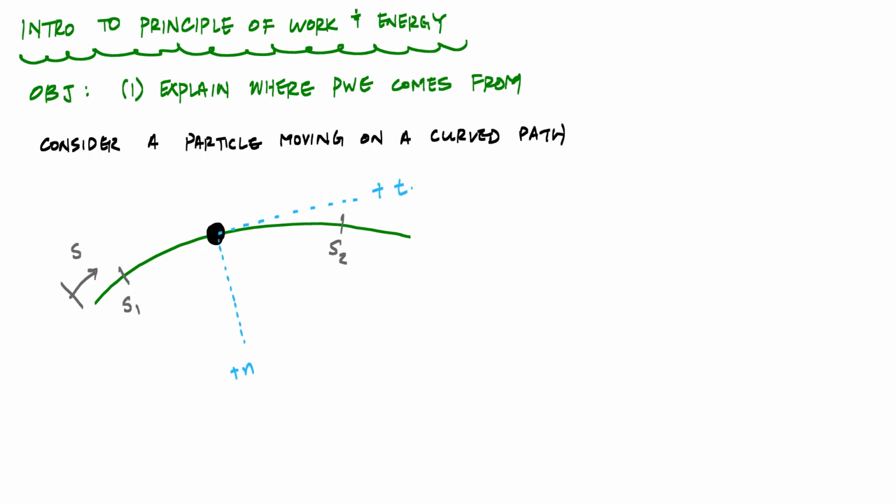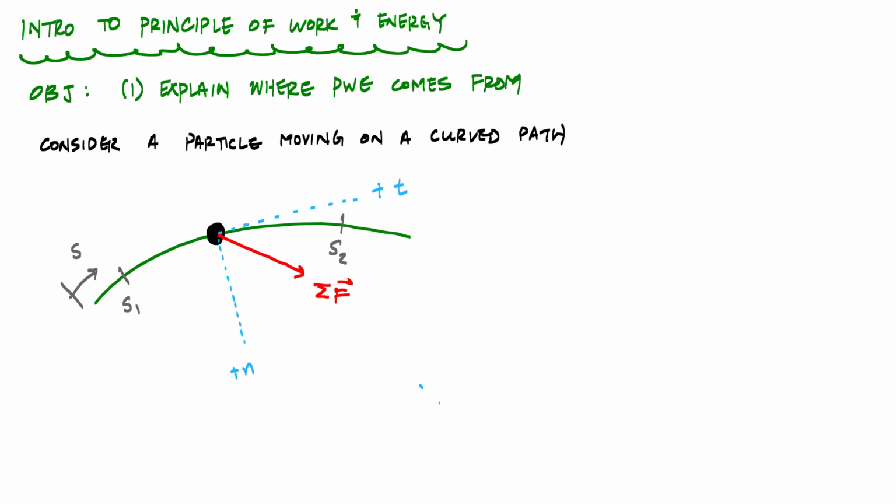There would be all these forces acting on the particle, and there would be a resultant, a total resultant of external forces. We'll just say that force acts this way. So this is the sum of all the resultant forces acting on my particle, moving it from S1 to S2 right here.